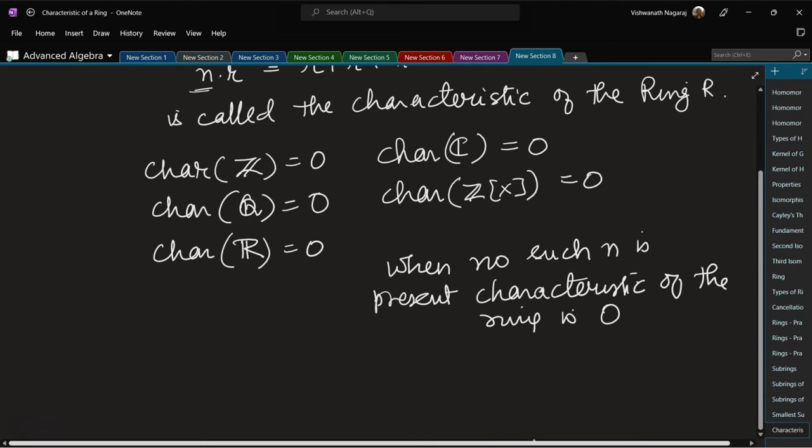So when no such n is present, the characteristic of the ring is 0. Okay, but there must be some number system where it will not be 0, right? So let's look at modular arithmetic.